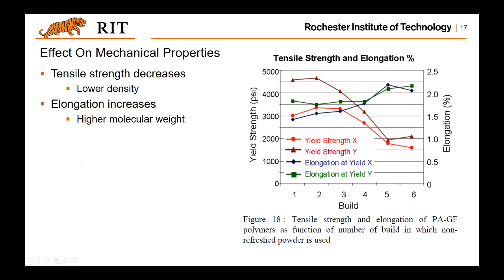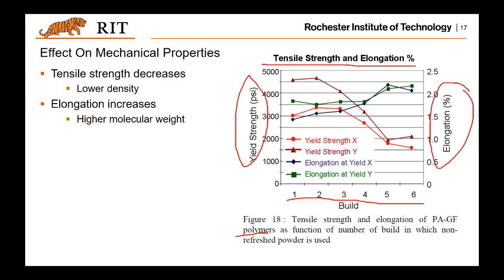If you look at this graph, it gives you the tensile test and the elongation of these PA GF polymers. As you can see here, the horizontal axis measures the elongation percentage on the right hand side, and this is the yield strength on the left hand side.